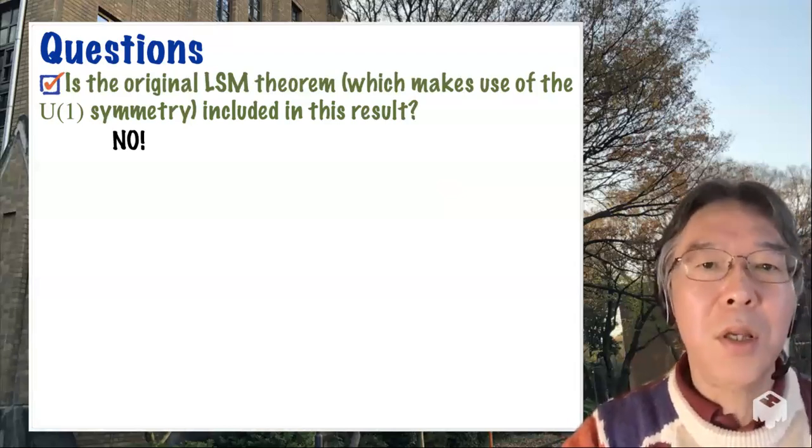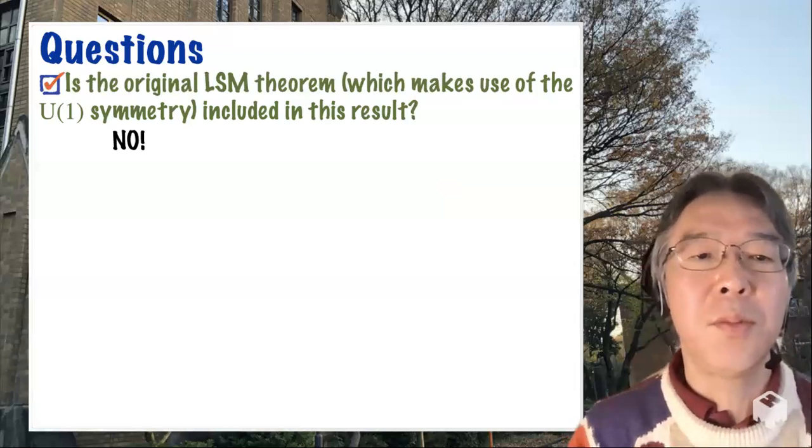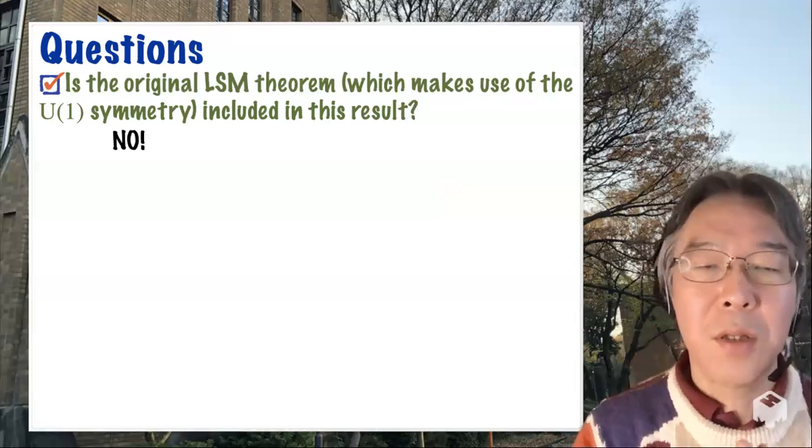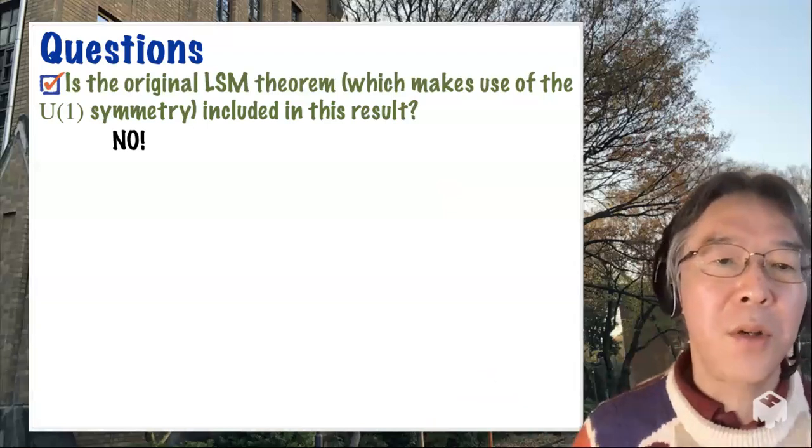So we sort of believed that this kind of extended Lieb-Schultz-Mattis theorem, proved by using the second group cohomology, is something totally different from the original LSM.